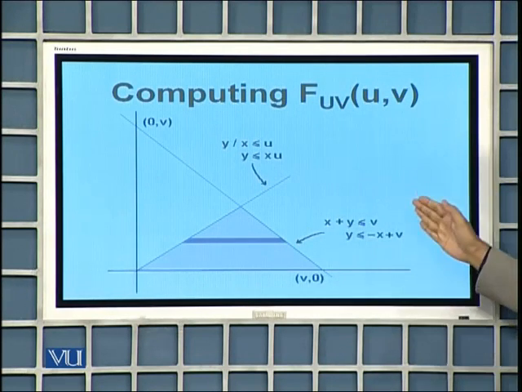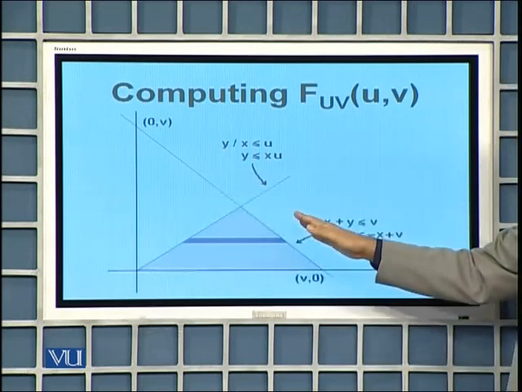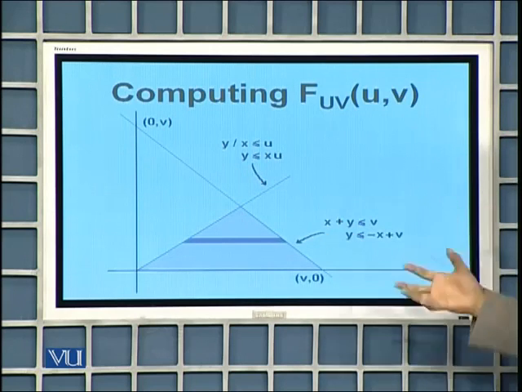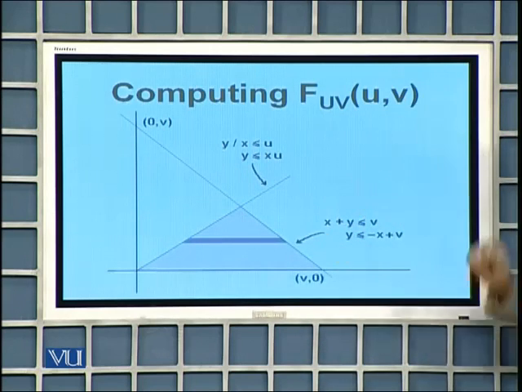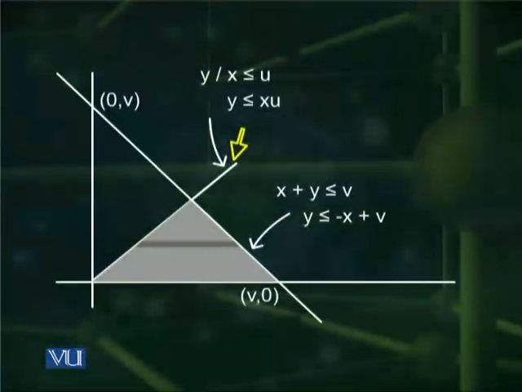So with larger values of v, the area in this triangle, which is the area of the xy plane that gets used in the integration, becomes larger and larger. This line is a line of slope u. So this is y equal to x times u, where u is the small parameter and u is also the slope of the line.